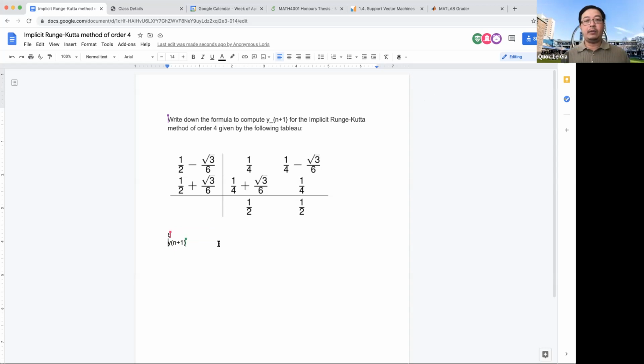Yeah, so yn plus 1 is yn, yes, correct. Plus h over 2, yes. f of tn plus h times 1/2 minus square root 3 over 6, yes, correct. Xi1, yeah.